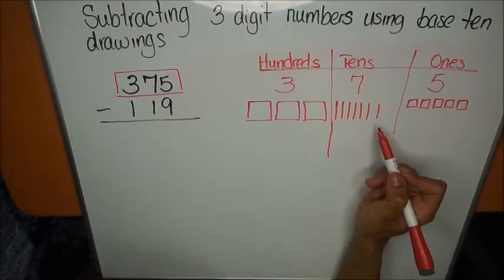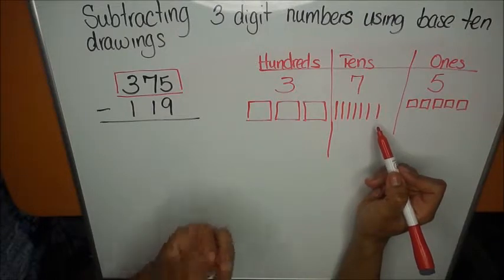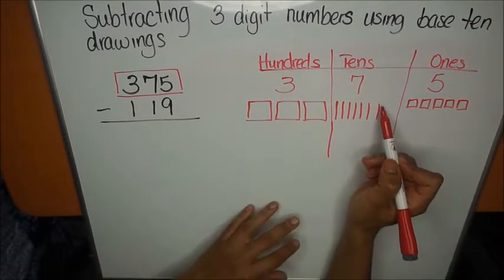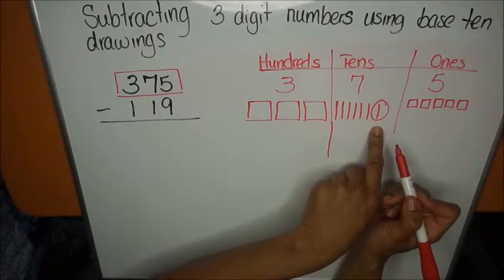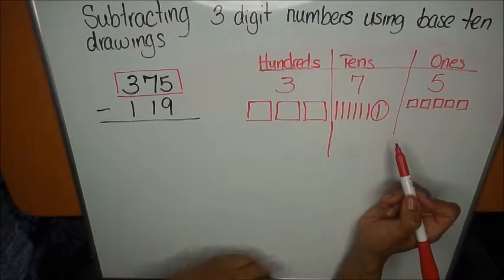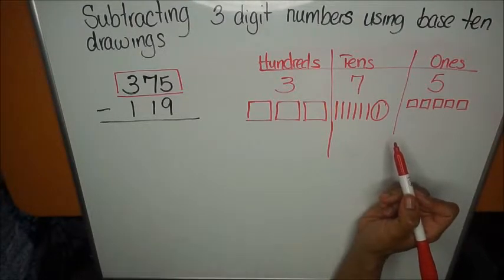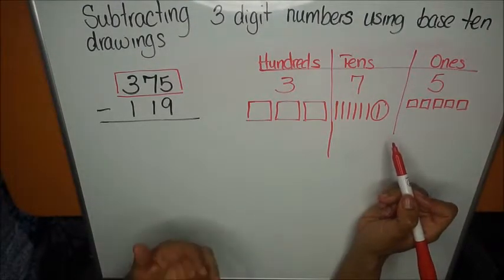I have to first borrow a long or a rod from my tens place. In order to do that, I have to convert the long that I'm going to borrow into units. I do know that one long has 10 units.